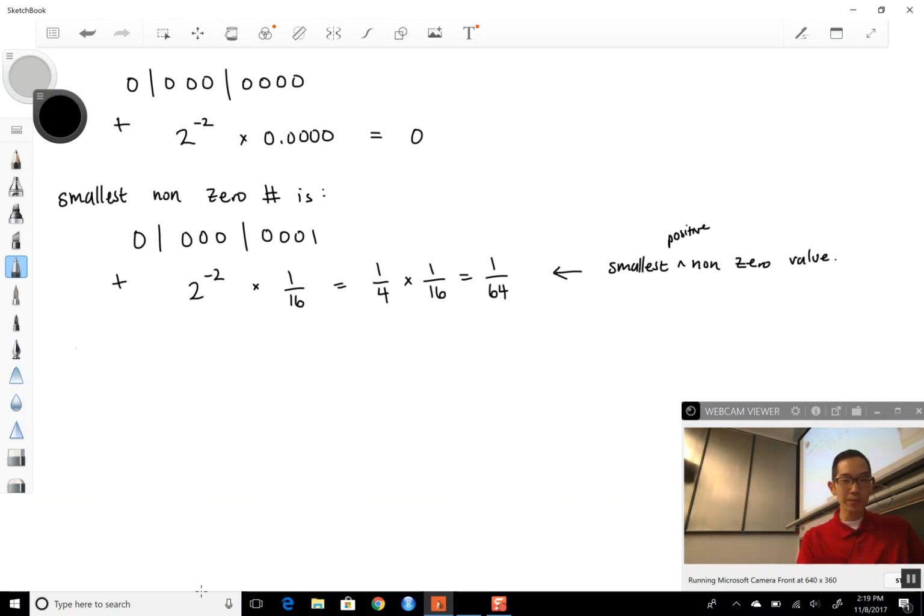And then what would be the next smallest? The next smallest would be 0, 0, 0, 0, 0, 0, 1, 0. That's the next smallest value. So I have 2 to the negative 2 times 1/8.